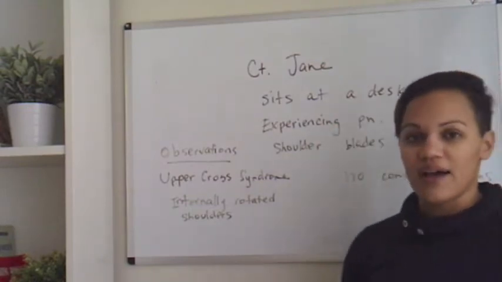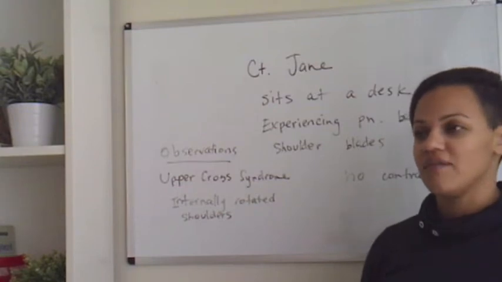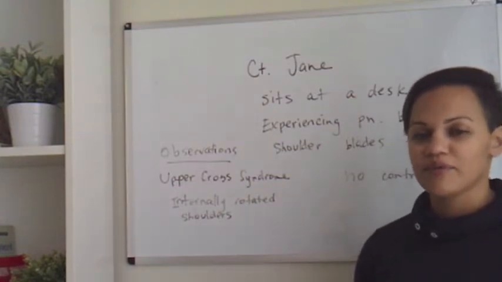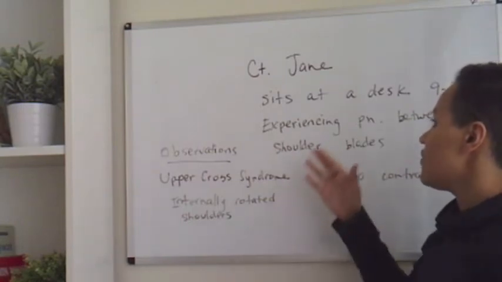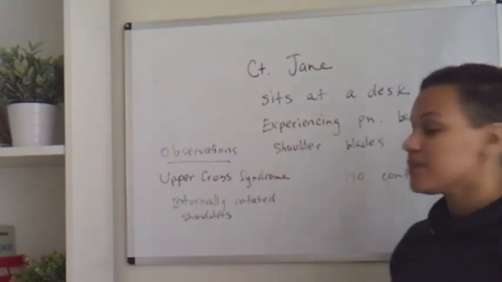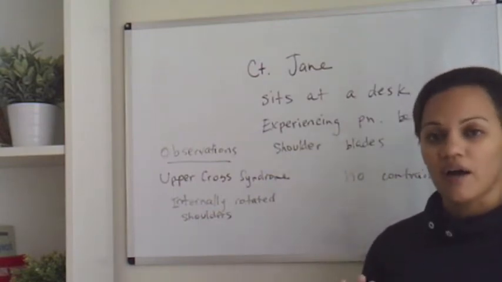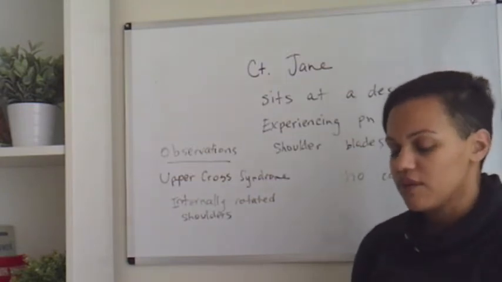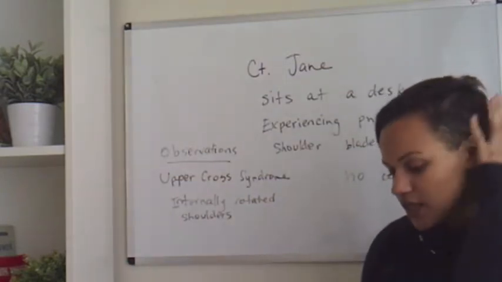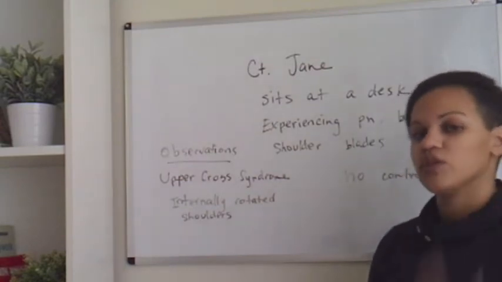So if we look here, we have an example of our client Jane, who sits at a desk 9 to 5. This is a very typical type of client, 80 to 85% of the population, sitting at a desk 9 to 5. This person is experiencing pain between her shoulder blades. So very, very common, people with the rounded shoulders and forward head posture starting to experience some neck pain and some pain between the shoulder blades.